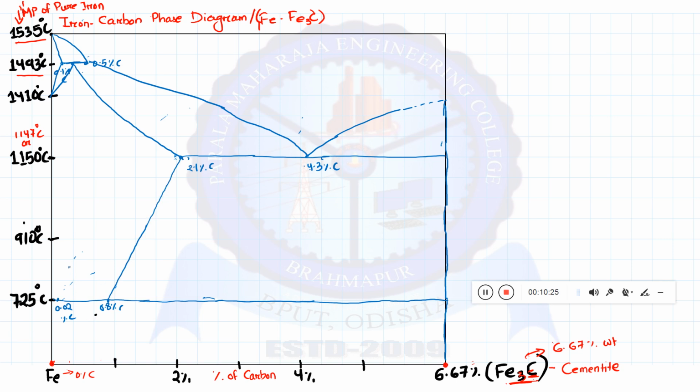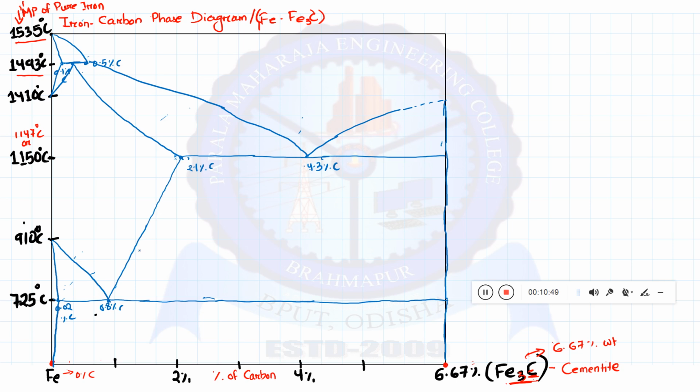Okay, and here the phase diagram will be something like this. Okay, so this completes our diagram part.